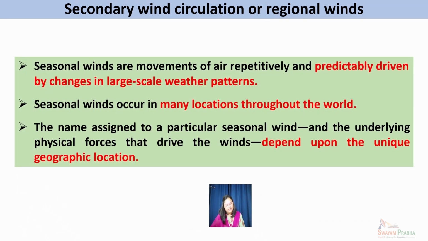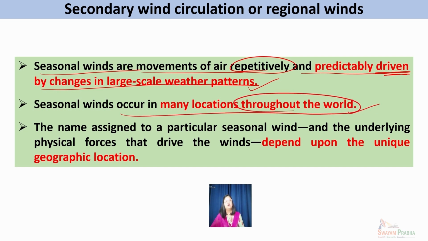You can say that seasonal winds are movements of air repetitively and predictably driven by changes in large-scale weather patterns. And these seasonal winds occur in many locations throughout the world depending upon the geophysical conditions, the geographical conditions of a particular area. And the name assigned to a particular seasonal wind and the underlying physical force that drives these winds typically depends upon the unique geographical condition which exists in a particular area.